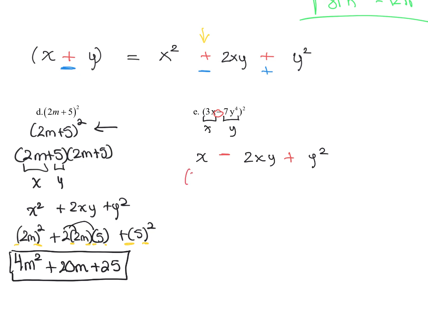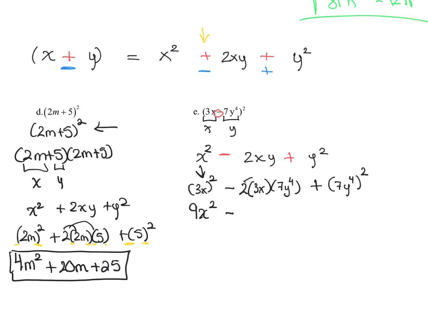My x was actually called 3x. Oh, this one was squared. (3x) squared minus 2 times x, which was called 3x, and y is called 7y to the 4th, plus y, which is called 7y to the 4th, and then we have to square it. 3 squared is 9, and then x squared, minus 2 times 3 is 6, times a 7 is 42x, y to the 4th.